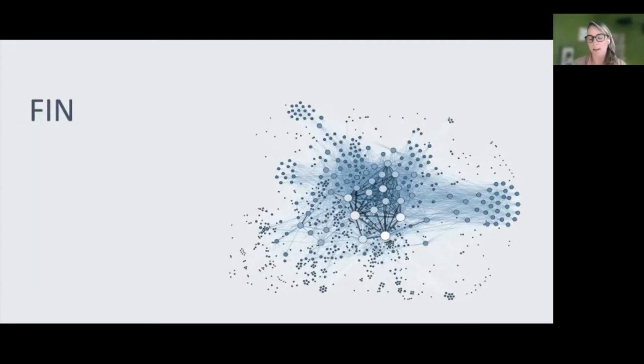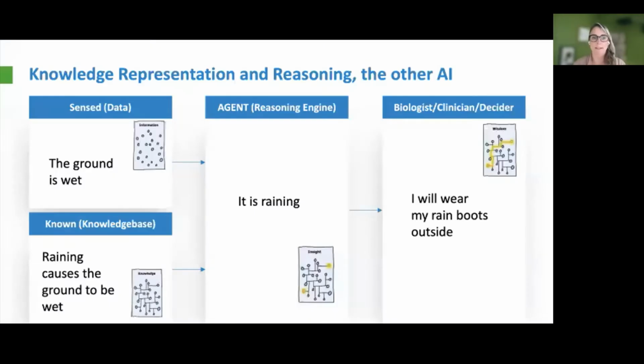Now, oftentimes when we say artificial intelligence, most people, not this crowd, but most people, associate this with machine learning. But the main focus of my research, our research, has been in another type of artificial intelligence called knowledge representation and reasoning, the other AI. And this is a very simple example of what that might look like.